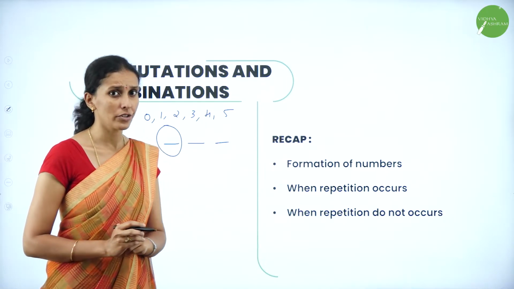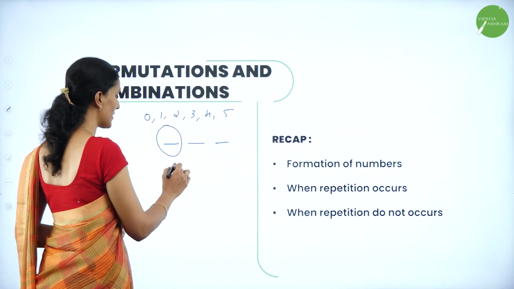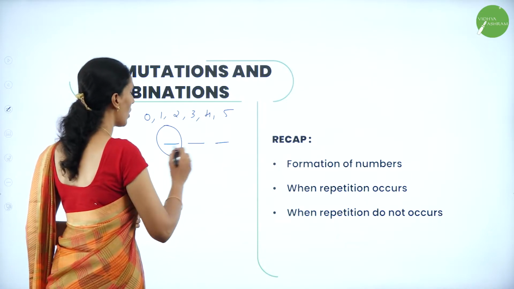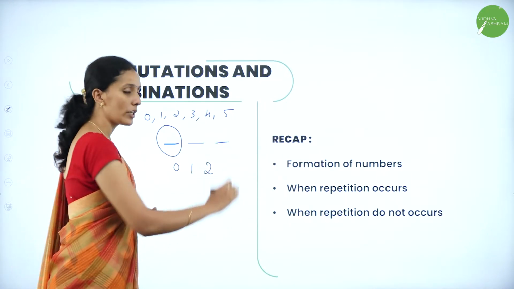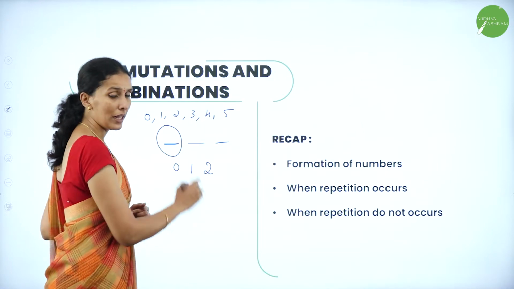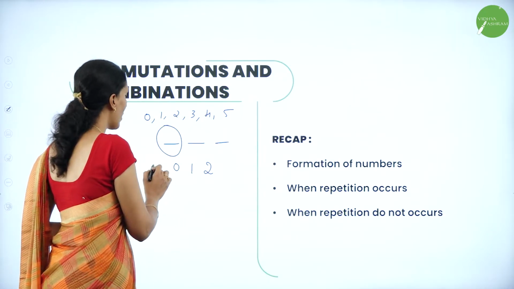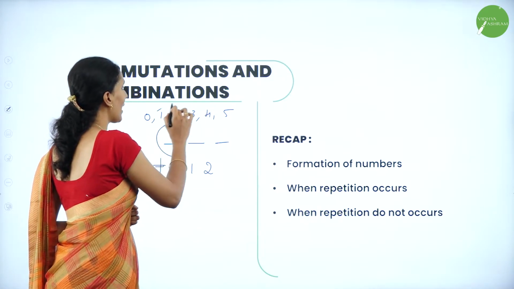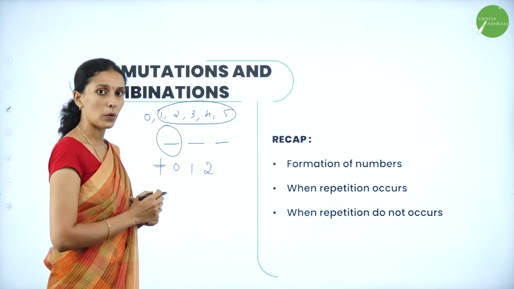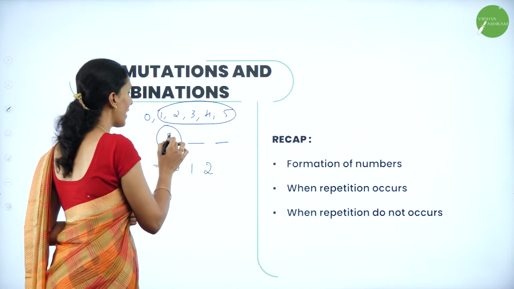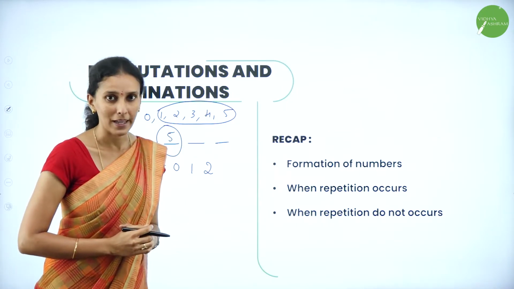Why do we have a restriction in the 100s place? Because if I write 0 in my 100s place, it cannot be considered a 3-digit number. So I cannot fill the place value of 100 with 0. I cannot take 0, but I can take all other 5 numbers. Therefore I have 5 choices in my hundreds place.